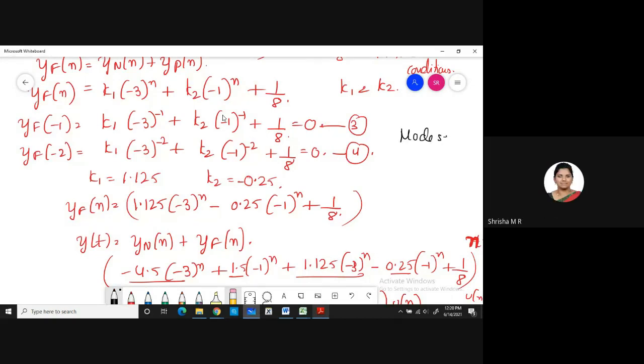That is equation form. In that you take 1, 1 only, correct? You have 2 unknowns. So you take 1 and you give the equations. Got it? You will get K1, K2. Okay, ma'am.